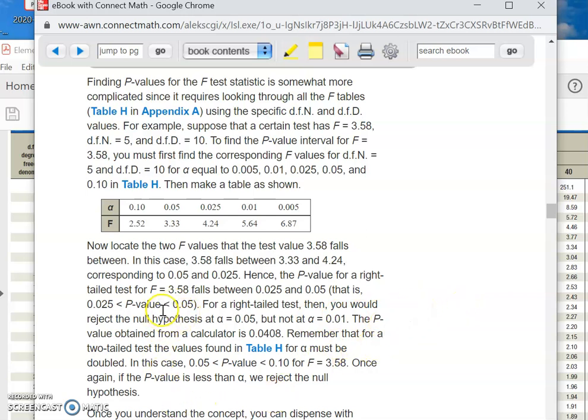Because the probability of getting this F value of 3.58 is somewhere between 2.5% and 5%. That's very unlikely, right? So if alpha is 5%, you'd say, I'm going to reject the null hypothesis because it's so unlikely that I would get that particular value, okay?